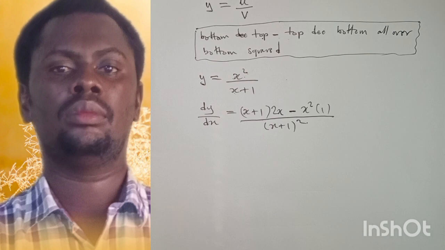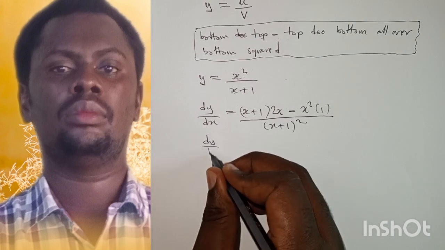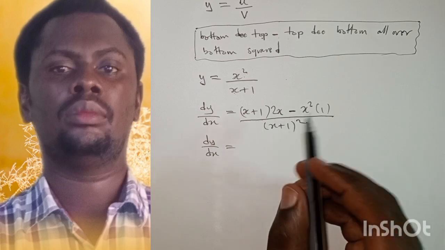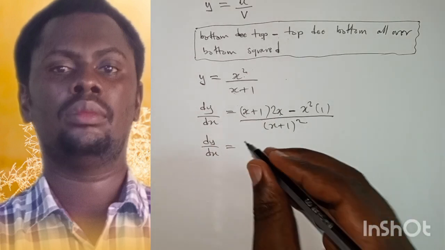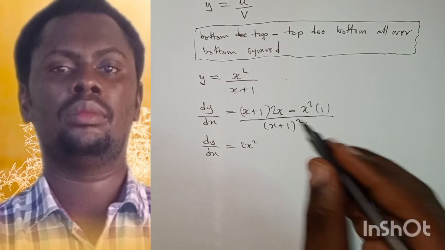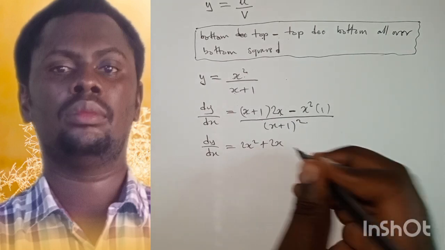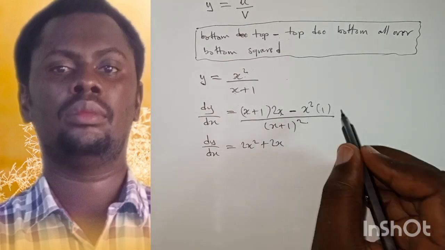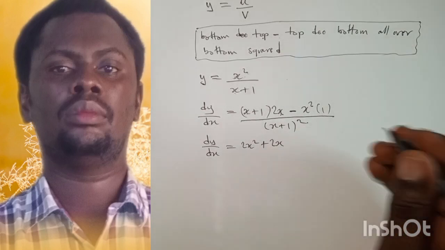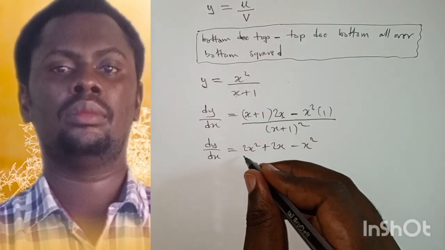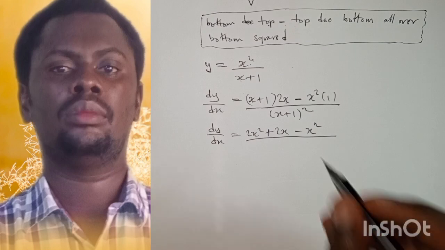Okay, so let us expand both the numerator and the denominator. We have dy dx is equal to: this 2x will multiply through x plus 1. 2x multiplied by x, you get 2x squared. 2x multiplied by 1, you get plus 2x. Then 1 times x squared is just x squared, so we have minus x squared, over.